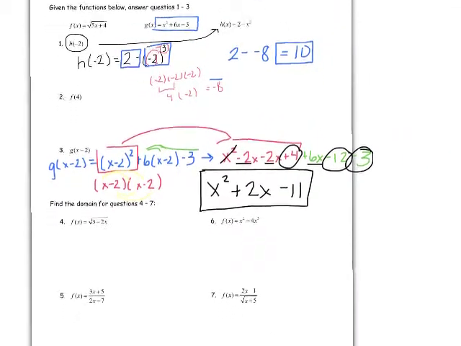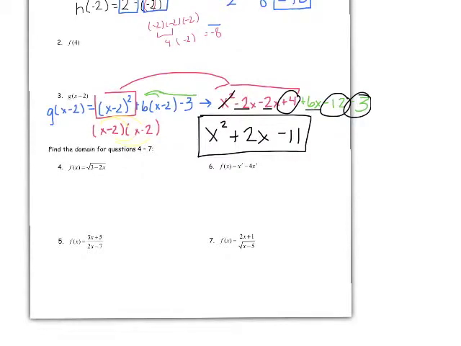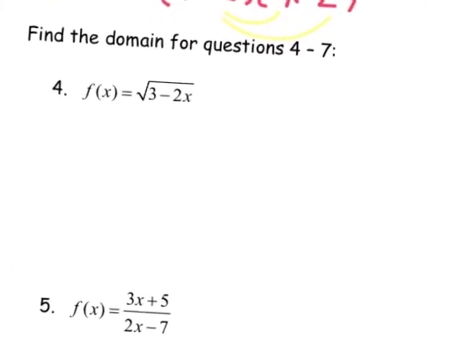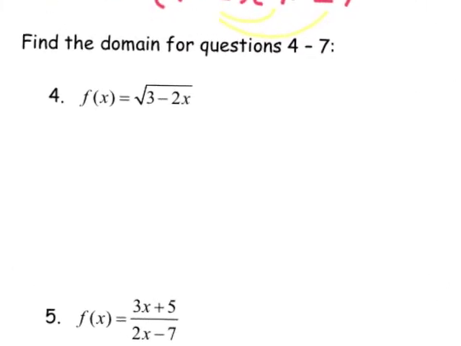Okay, all right, 4 through 7, these want you to find the domain. So this is number 4. We see a square root symbol. So the rule for square roots is that what's under the square root has to be greater than or equal to 0. So 3 minus 2x is greater than or equal to 0. Subtract 3.